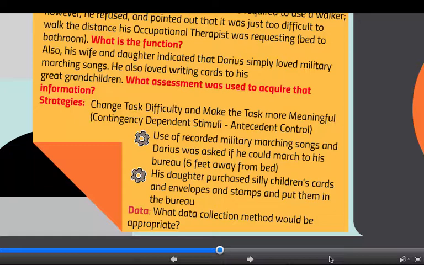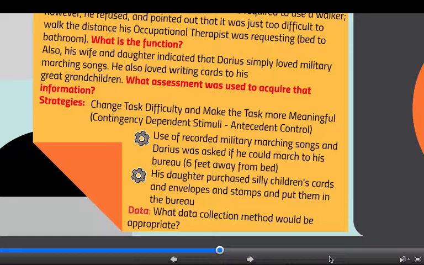So I'm going to ask you at this point, what kind of data would be appropriate to be collecting on this kind of intervention? And I'm not going to tell you on this one. I'm going to let you think about that because you are getting to the point now where you are needing me less and less with respect to coming up with answers for these kinds of issues.